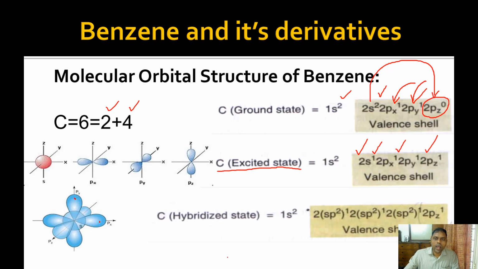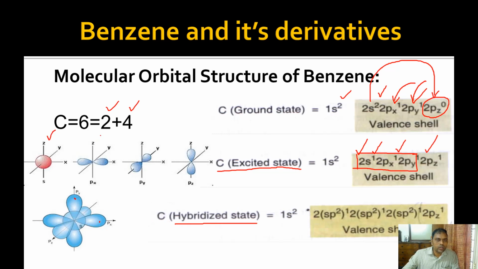Now further, what happens is during the formation of bond, hybridization will take place. Hybridization will take place in the case of carbon here in benzene. 2s, 2px, and 2py, they join together. Which one?